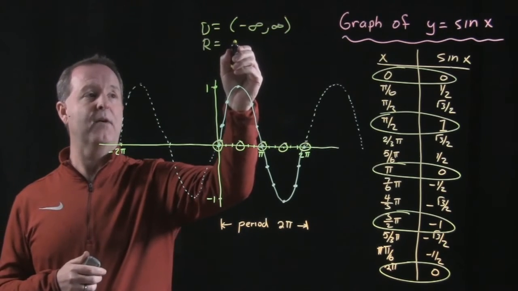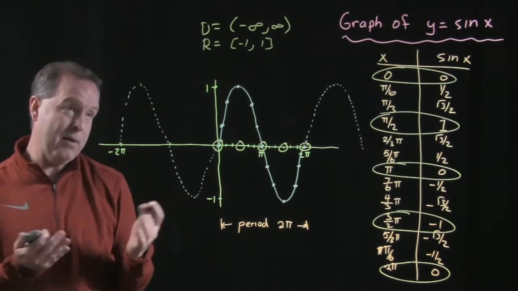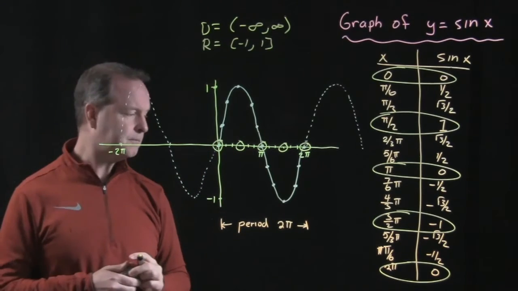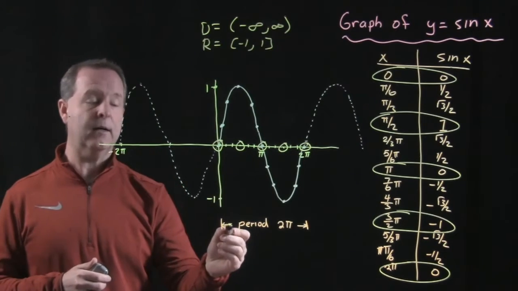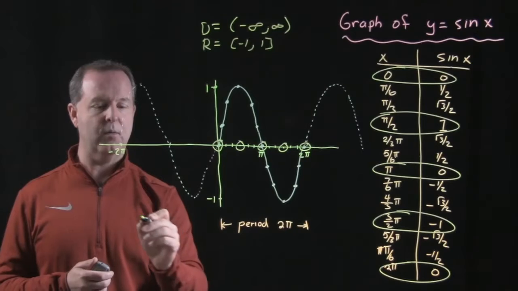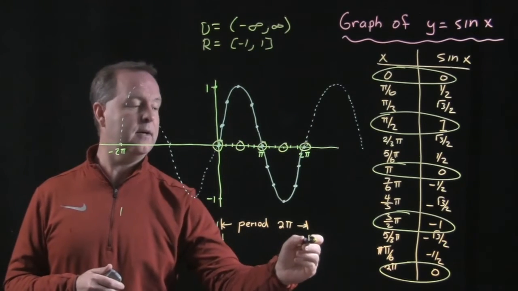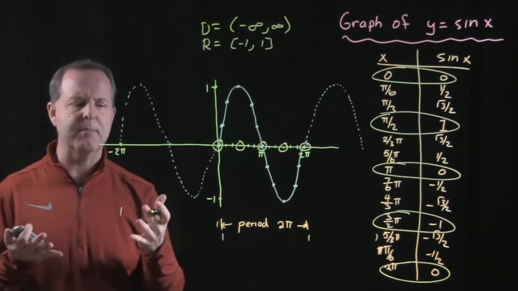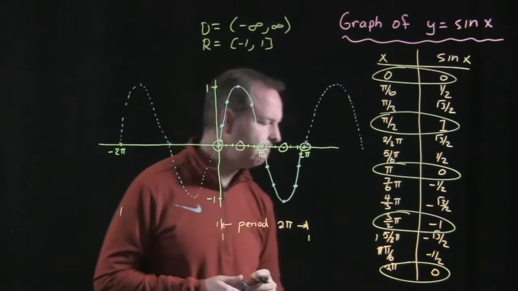So I will never get a value less than -1 or a value greater than 1. But I will get -1 and 1. So those values are inclusive as we look at that. As I mentioned earlier, we have a period of 2 pi, but we can add more cycles on it. So we have another cycle from here to here, a cycle from here to here, and another cycle from there to there. And a cycle just communicates every time we see that pattern happen again.